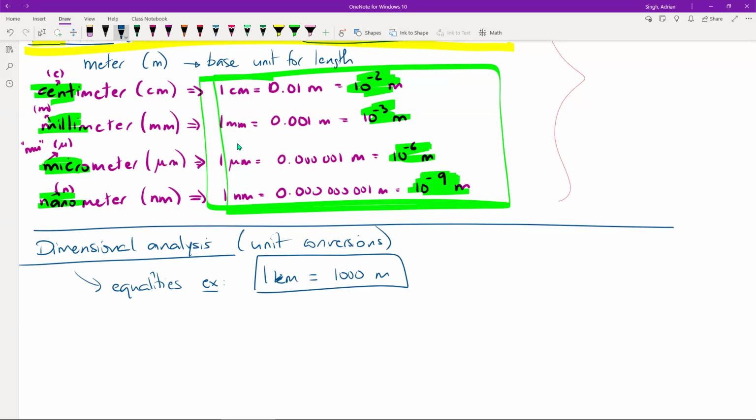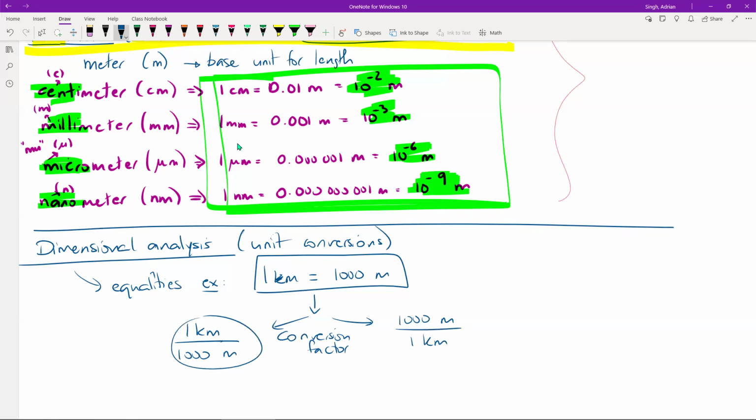Now, once you have an equality, we can come up with what are known as conversion factors. A conversion factor is simply taking one side of the equality and putting it over the other side. So 1 kilometer over 1,000 meters. To get the other conversion factor, we just flip it. So then we have 1,000 meters over 1 kilometer.